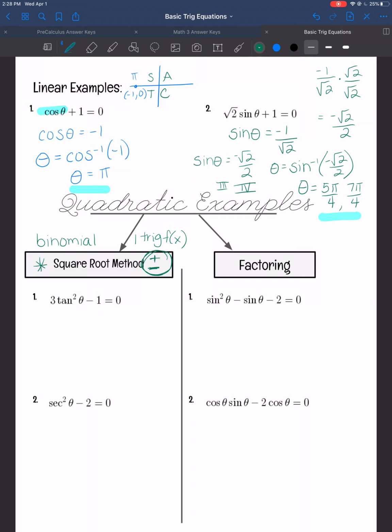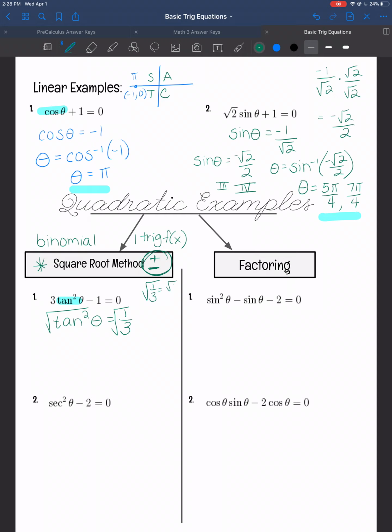Alright, so to do the square root method, we always start out by solving for the trig function first. So I'm going to say tangent squared is equal to 1 over 3, and then you're going to square root both sides. Now, square rooting a fraction sometimes throws people.